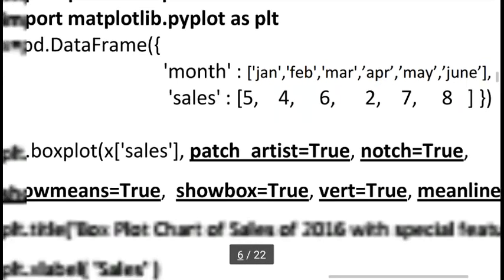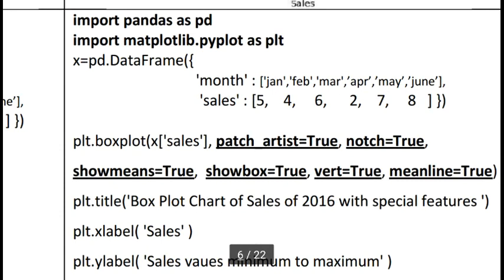So these are the other parameters we can use to create a box plot more defined, more colorful, more designing, and more special features we can include, to become more interesting, more readable and easy to understand.